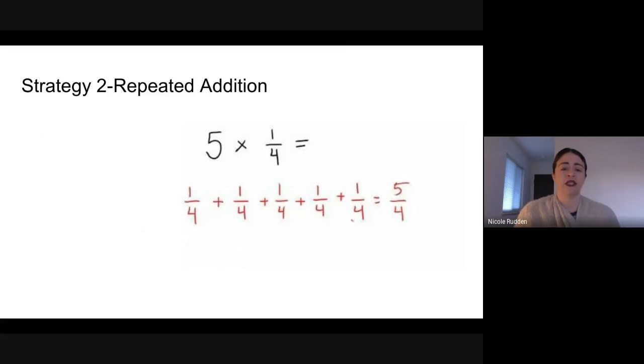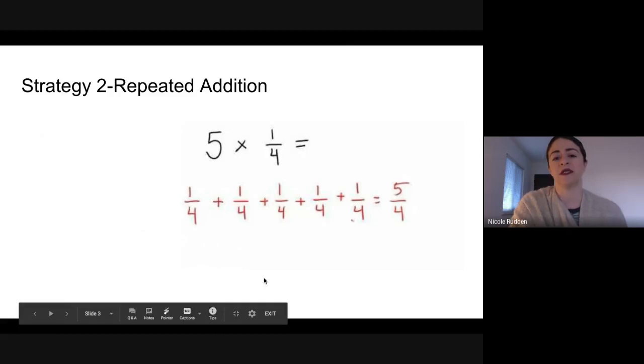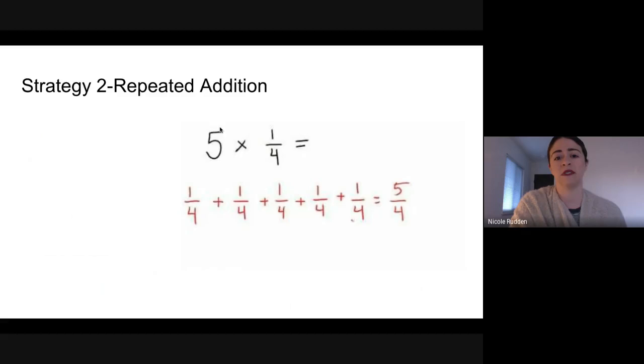Another strategy that many of you seem to be using, and I know we were doing this a little bit before distance learning began, is repeated addition. So when you see 5 times 1/4, or 1/4 of 5, what you're seeing is repeated addition, understanding that this is telling you how many times you are seeing this fraction.